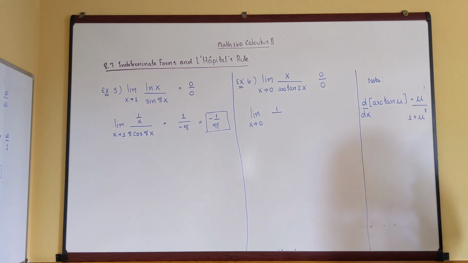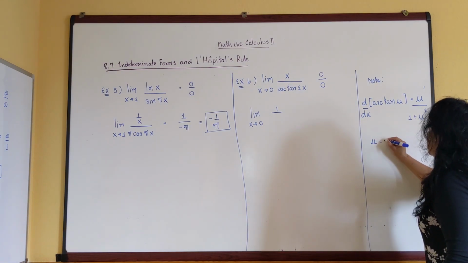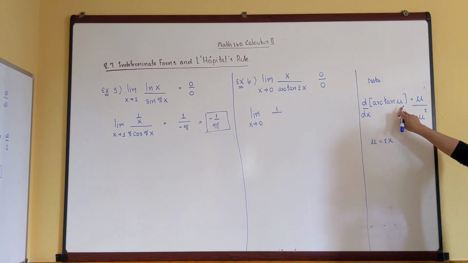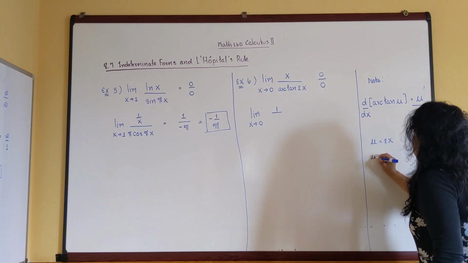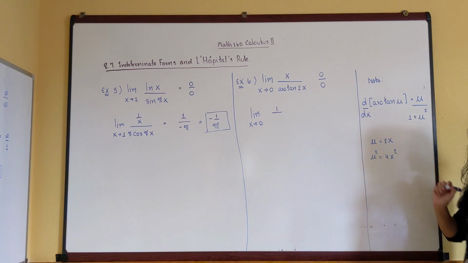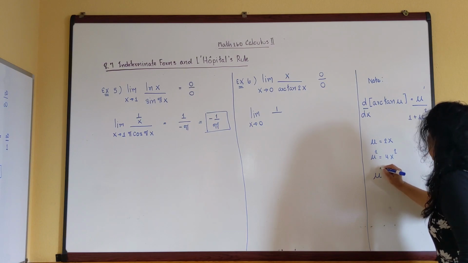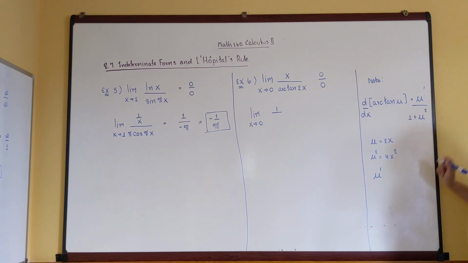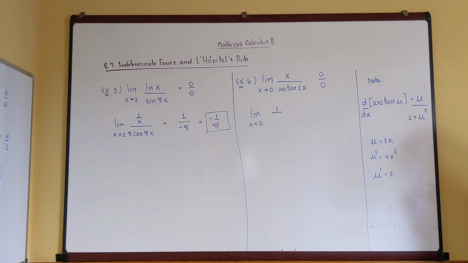Now look at my equation. My u will be 2x. My u squared will be 4x squared. And my u prime, which is the derivative, will be 2. Now I'm going to substitute all of this here on the denominator.